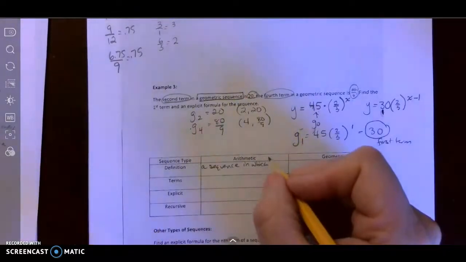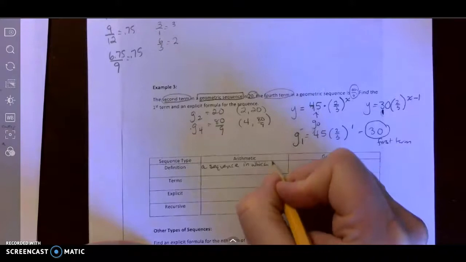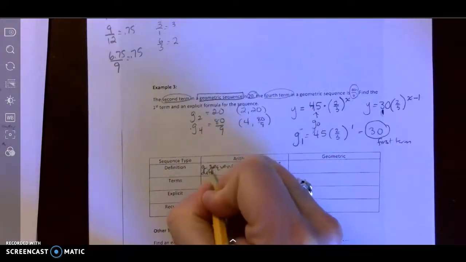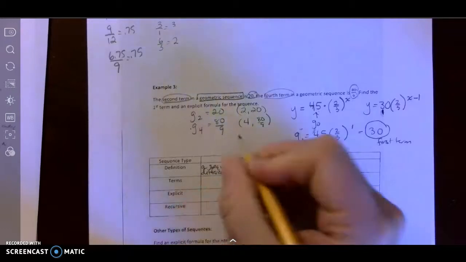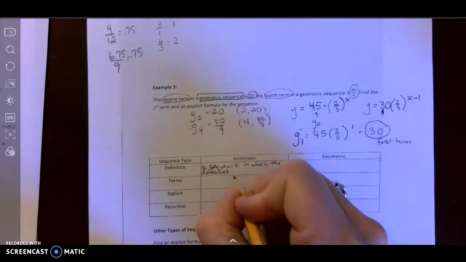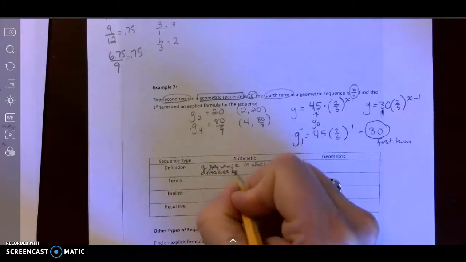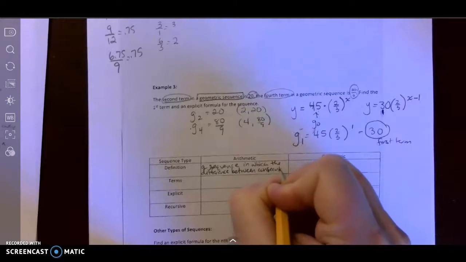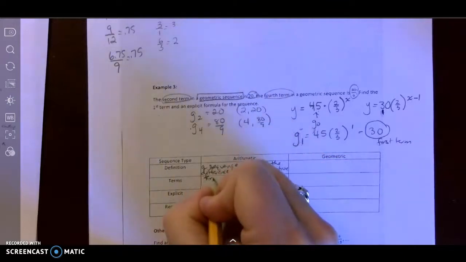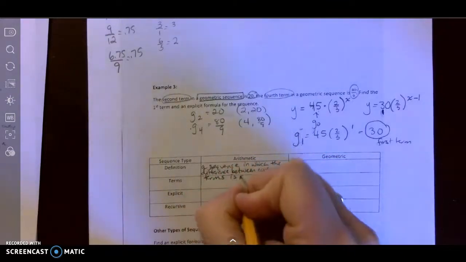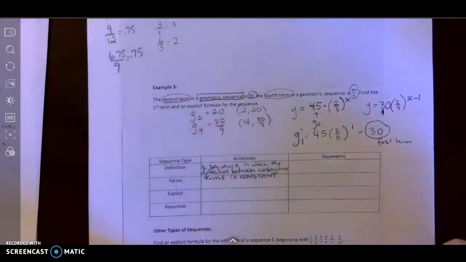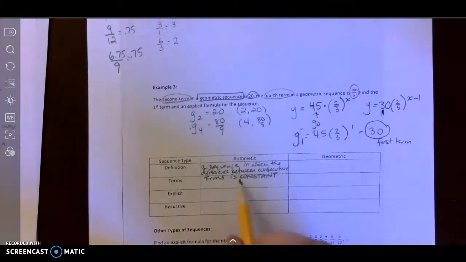I'm sorry, I was just trying to find my words, I wanted to use the definition from the other day.